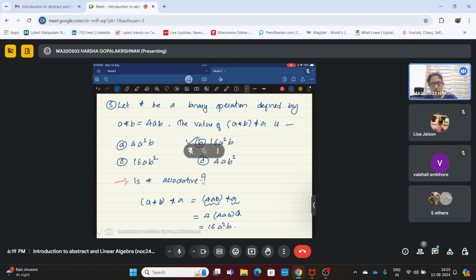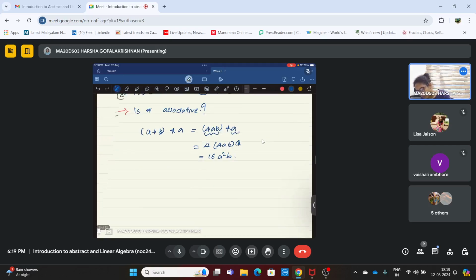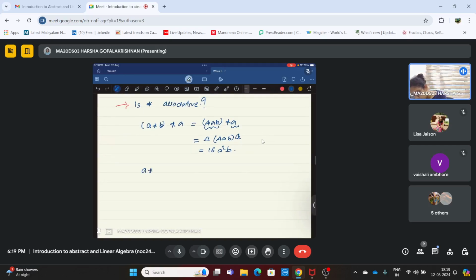Now, what about the associativity of this star? So the question is whether A star B star C, sorry, A star (B star C) and (A star B) star C are both the same or not. So associativity we need to check: (A star B) star C and A star (B star C).